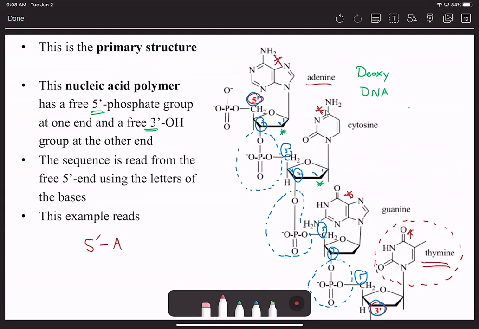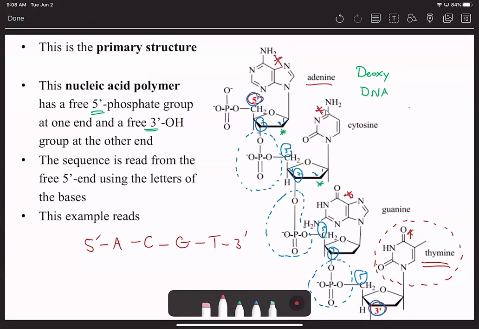And we'll just write A. And the next base is cytosine. And the next base is guanine. And the next base is thymine, and I end it with 3'. And that really saves me a lot of time.